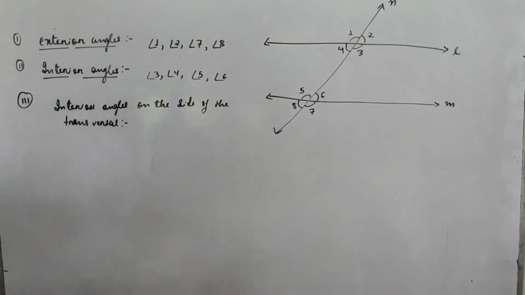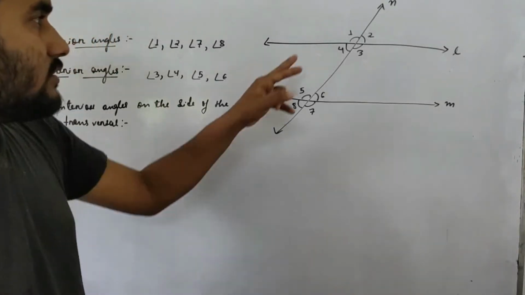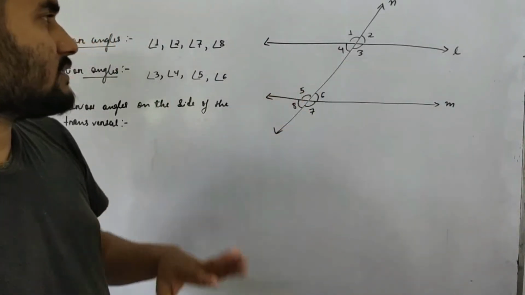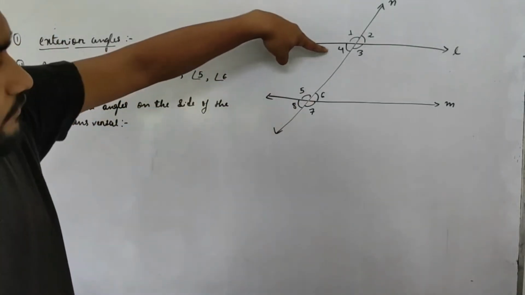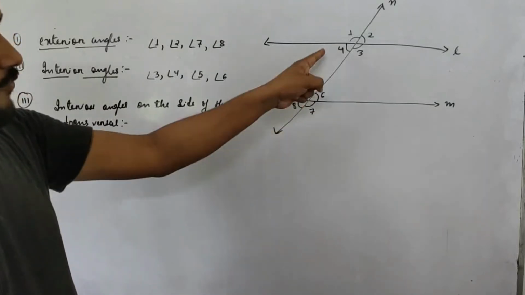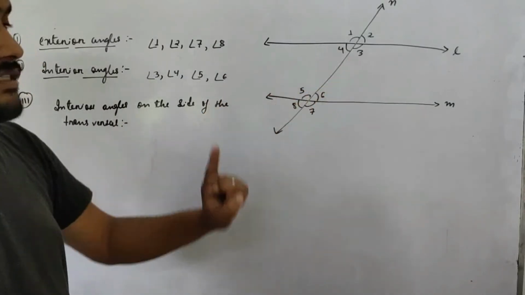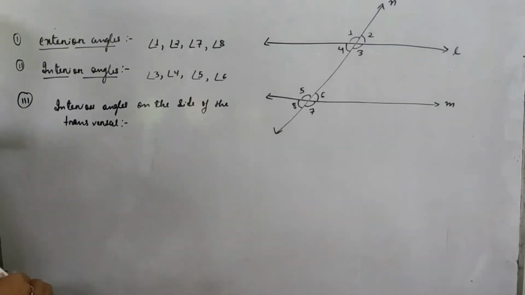So which are the interior angles lying on the same side of the transversal? These are the interior angles 3, 4, 5, 6, but which are lying on the same side of the transversal? So you can say 4 and 5, and 3 and 6, isn't it? 4 and 5, 3 and 6, they are lying on the same side of the transversal.